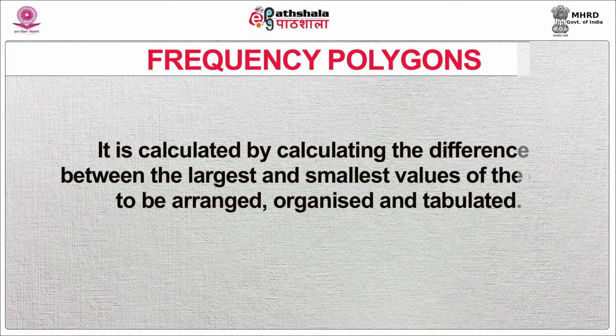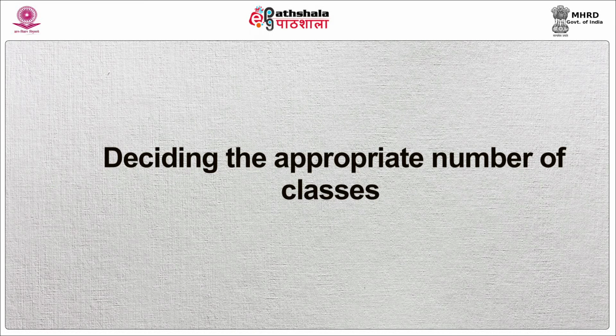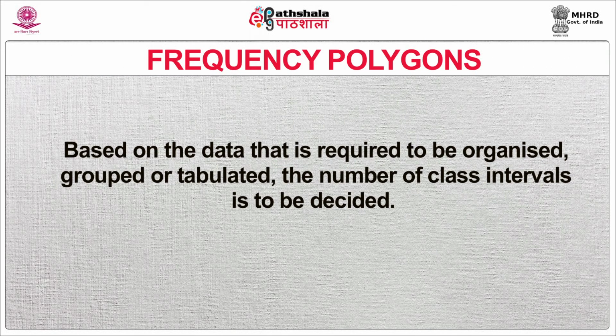Now we come to the steps followed in the construction of a frequency distribution. These are, first, calculation of range. It is calculated as the difference between the largest and the smallest value of the data to be arranged, organized and tabulated. Secondly, deciding the appropriate number of classes, which is based on the data that is required to be organized, grouped or tabulated.